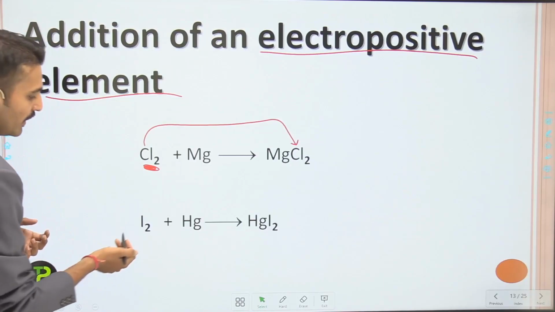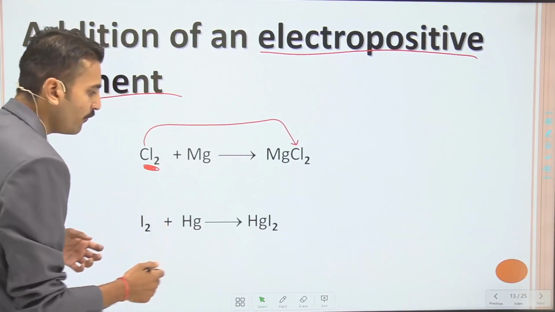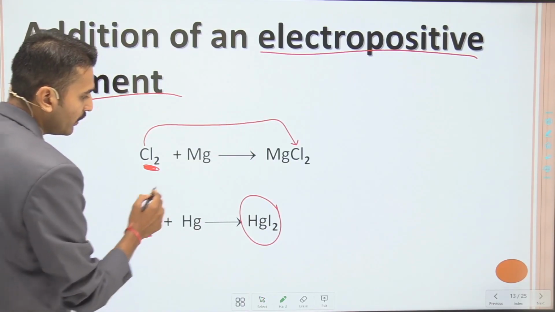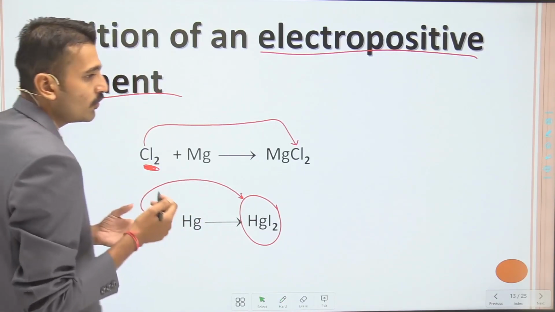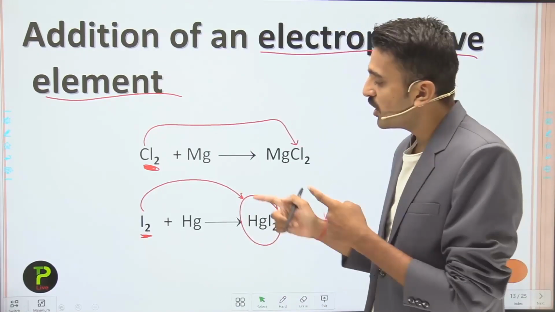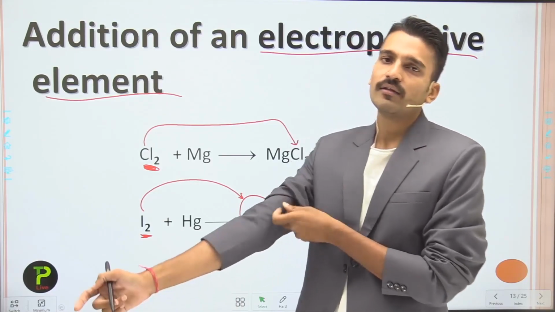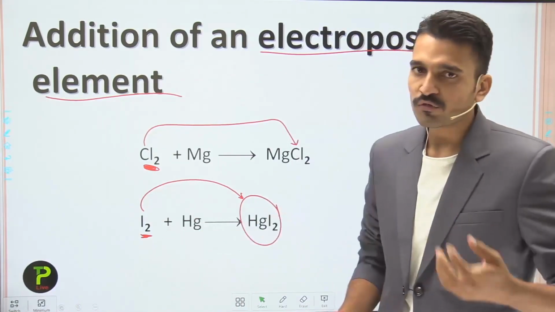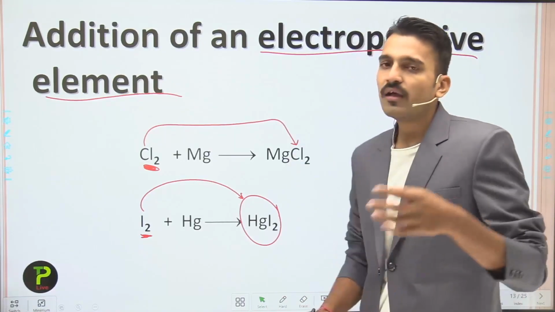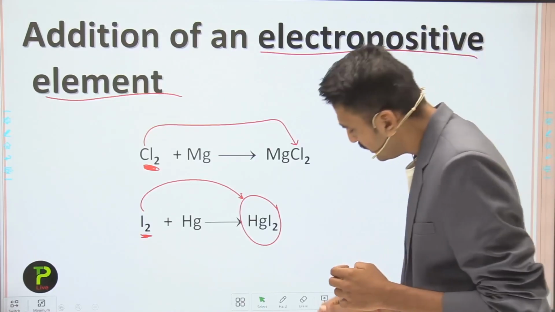Another example in which I2, iodine, on reacting with mercury forms HgI2. So what is happening here? To the iodine, mercury has been added. So it is also a case of reduction, or I can say there is the reduction of iodine taking place here. If you are interested in finding the oxidation, we can also see whose oxidation takes place here, because these are examples of redox reactions, and along with the reduction, oxidation must also have taken place.